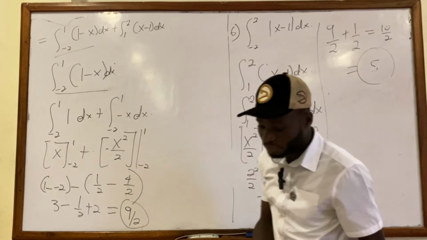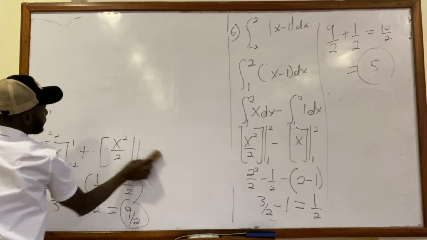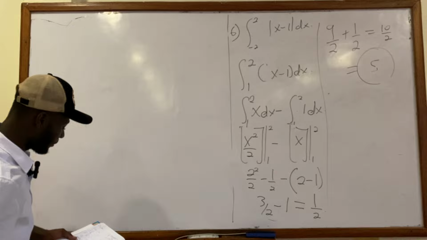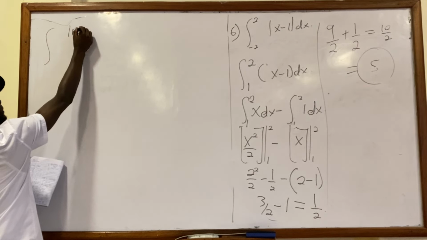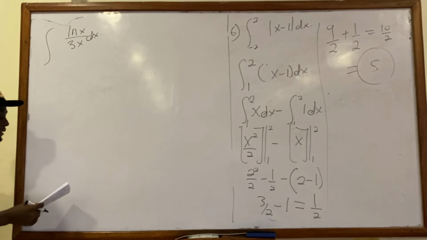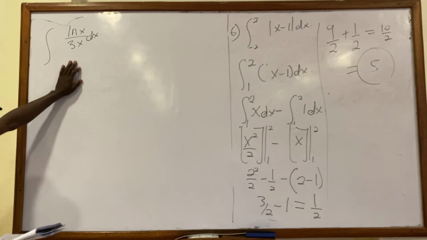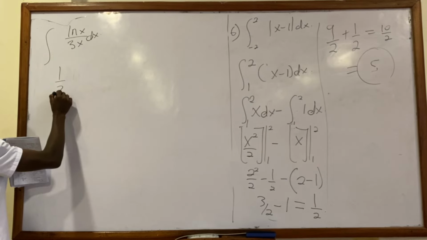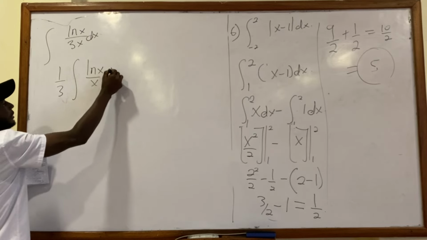All right. So let's move to question number 7. Question number 7 says we should integrate ln x over 3x dx. All right. We are to integrate this particular function with respect to x. So now we know that we can bring the 1 over 3 out. When you bring the 1 over 3 out, you have ln x over x dx.